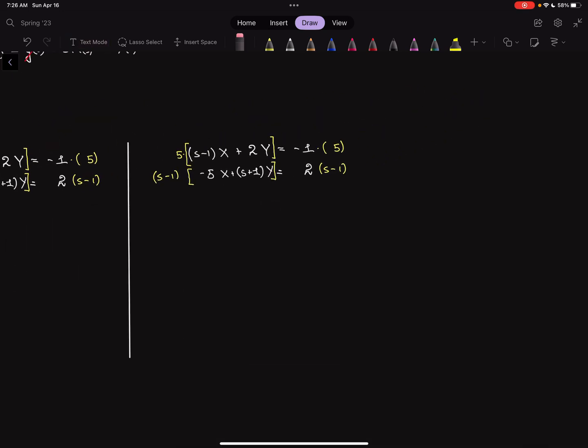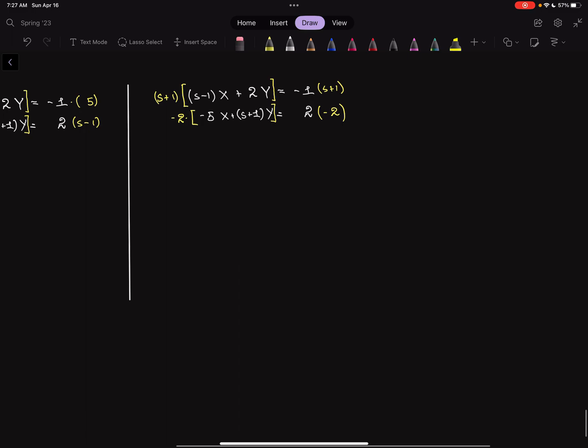But now I don't want to cancel the X, I want to cancel the Y. So let's see, what can I multiply by to cancel the Y? Well, if I multiply the top by s plus 1 and the bottom by -2, that should do it. So s plus 1 here, and the bottom by -2.